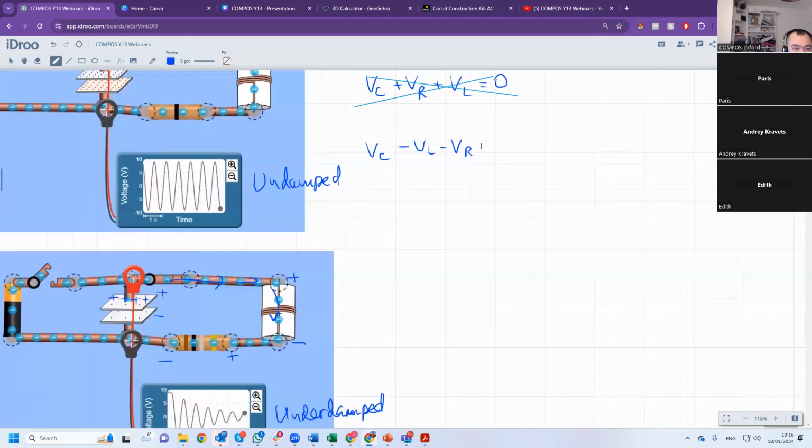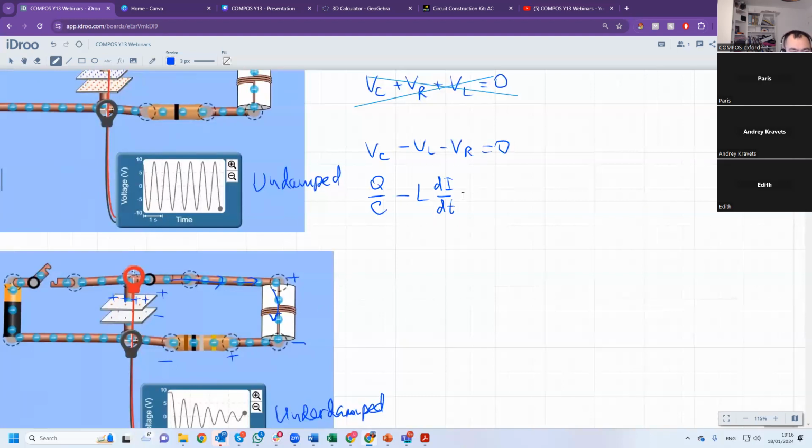That's equal to 0. And so VC is Q over capacitance. Voltage on the inductor is L dI/dt. Now dI/dt is positive, so it's growing.